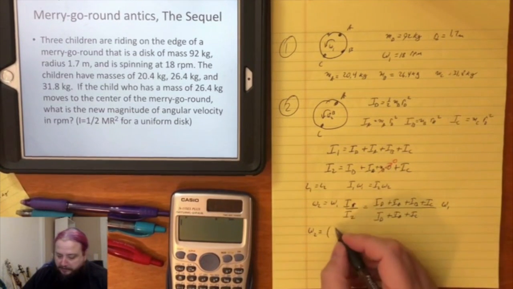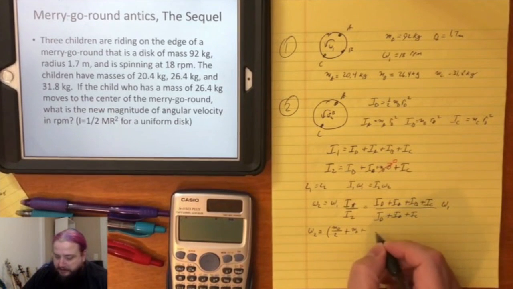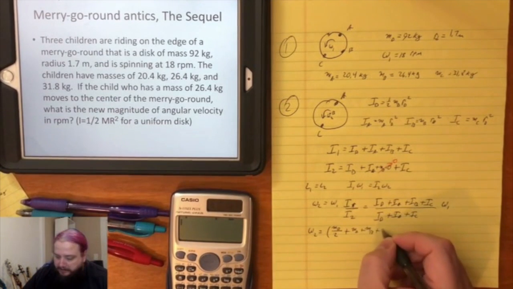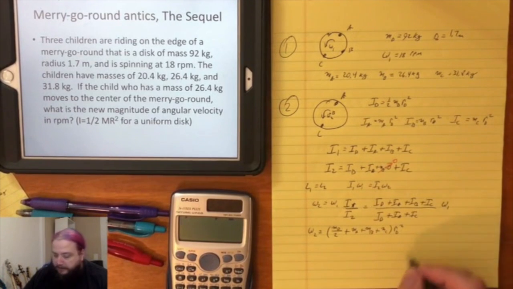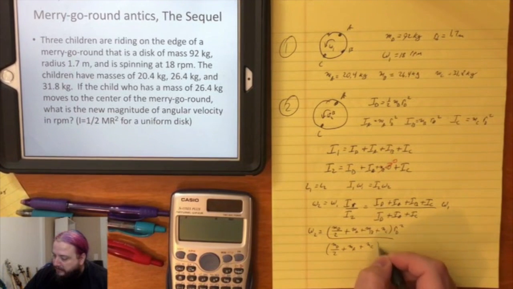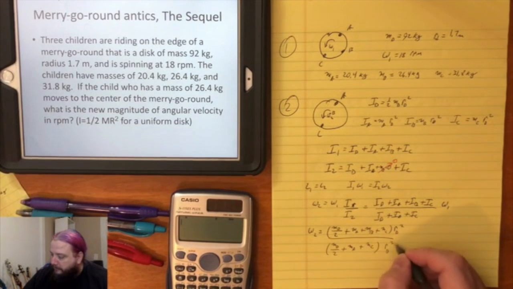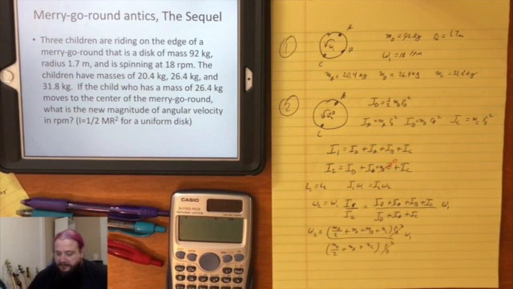So this is going to be mass of the disk over 2 plus mass A plus mass B plus mass C times r squared on the top, and mass of the disk over 2 plus mass A plus mass C times r disk squared on the bottom. And the r terms cancel each other out.